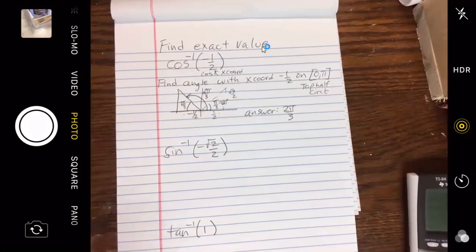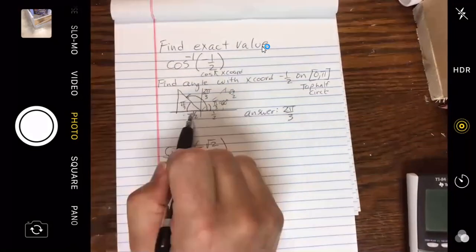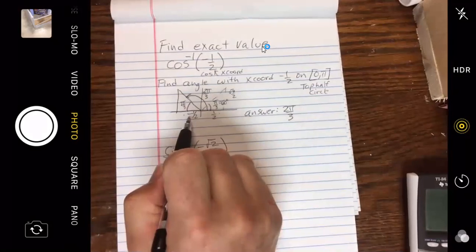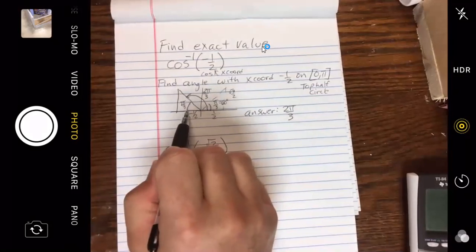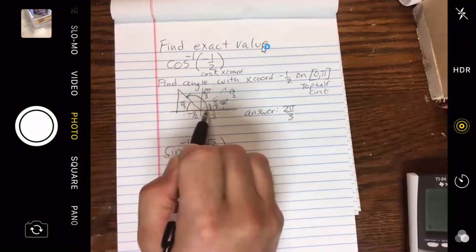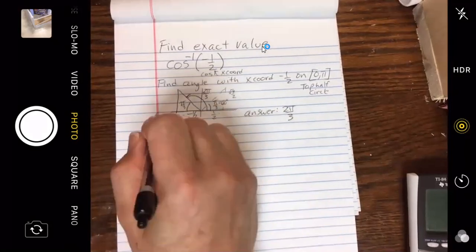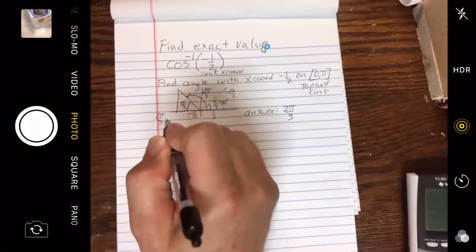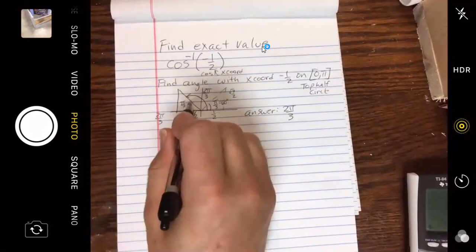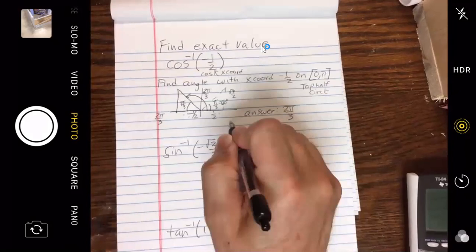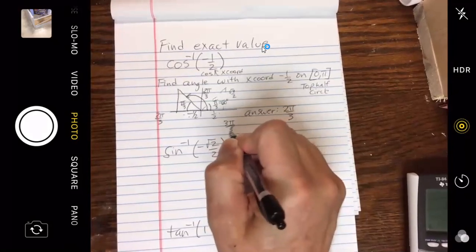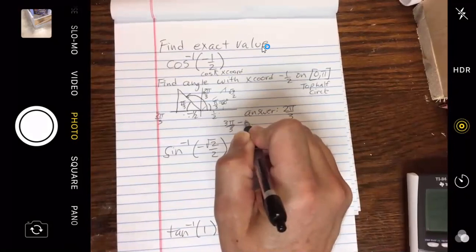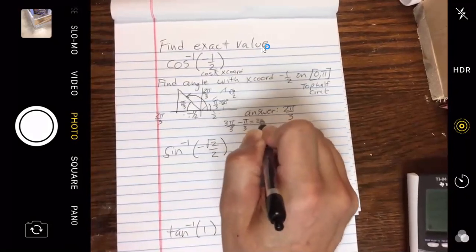Right. At x coordinate negative a half, your reference is pi over 3, and so coming around from the x-axis, you're at 3 pi over 3. Going 3 pi over 3 minus pi over 3 is 2 pi over 3.